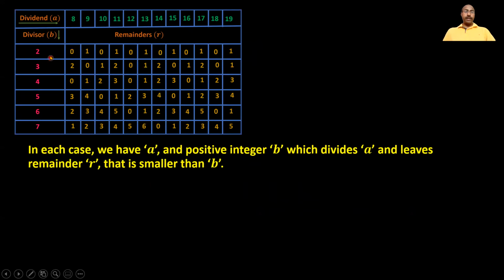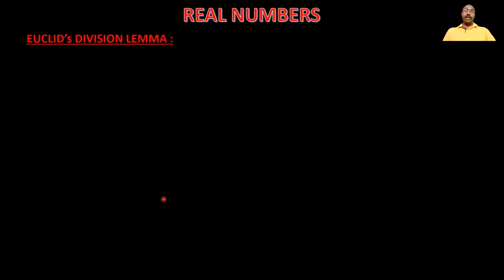That is, if we take 2 as a divisor, then remainders are from 0 and less than 2. And if we take 3 as divisor, remainders are from 0 and less than 3, like that. So this is our Euclid's division lemma.